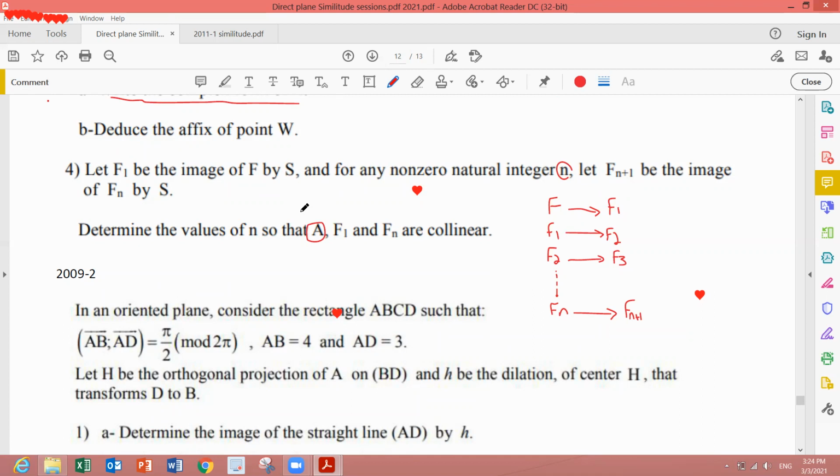In which case are the points A, F1, Fn collinear? If the angle is pi.